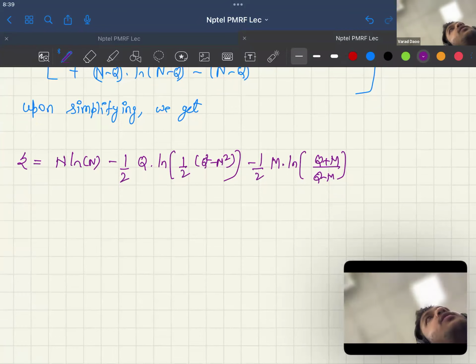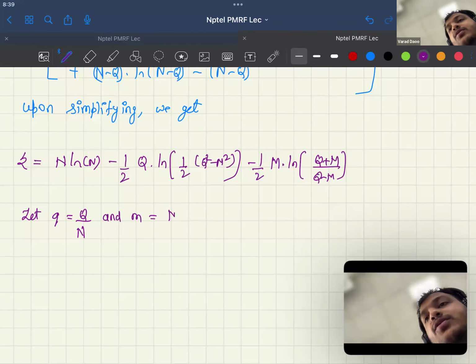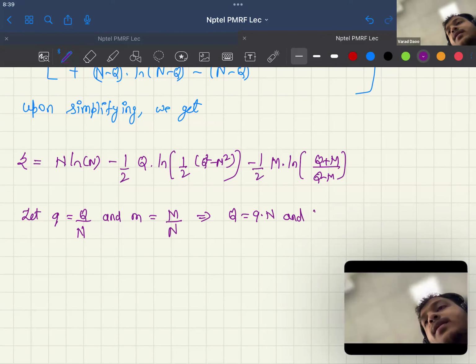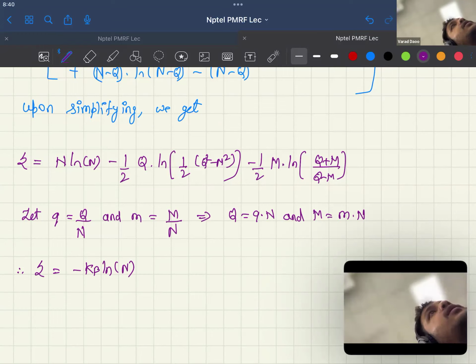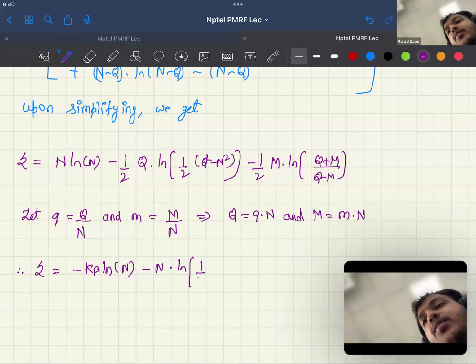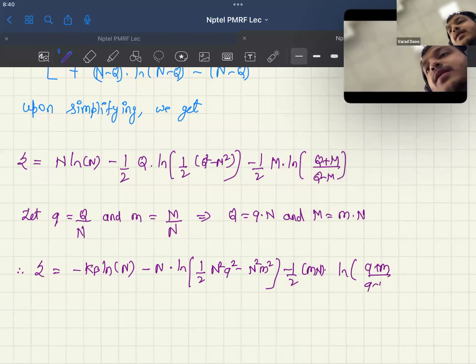Now we are going to assume, let small q be equal to Q by N and small m be equal to M by N, which implies Q is equal to q into N and M is equal to m into N. Right? Therefore, the expression becomes minus kB ln N minus N into ln of half of N squared q squared minus N squared m squared minus half of mN into ln of q plus m by q minus m.